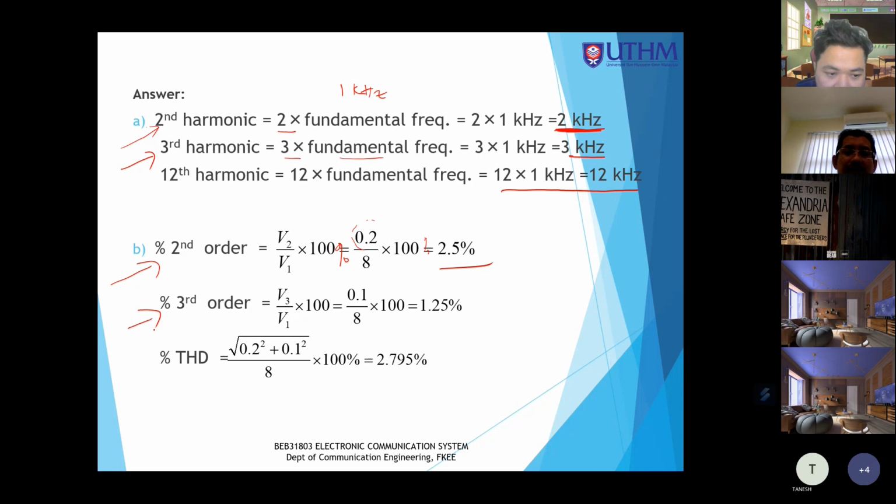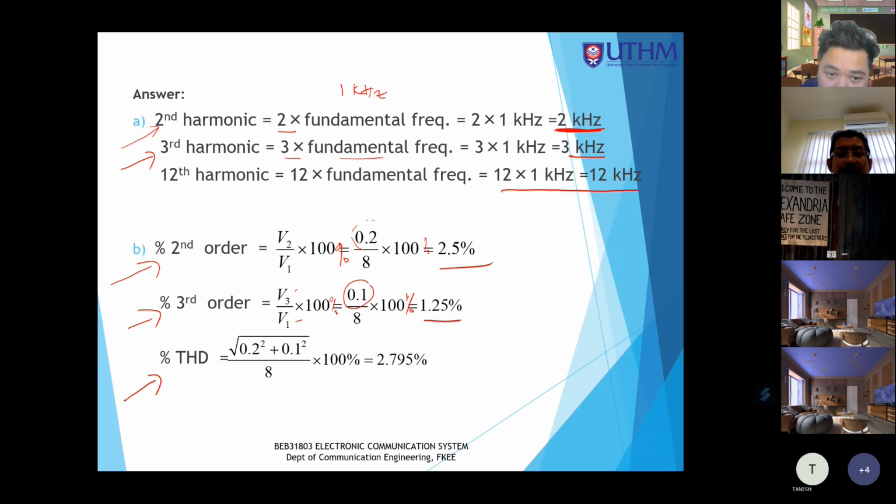Third order harmonic distortion is equal to V3 over V1 times 100%. So the amplitude of the third order harmonic is 0.1 volt. Divide with 8 volt fundamental, multiply 100%, so we get 1.25%. Then the question asks how much is the total harmonic distortion.